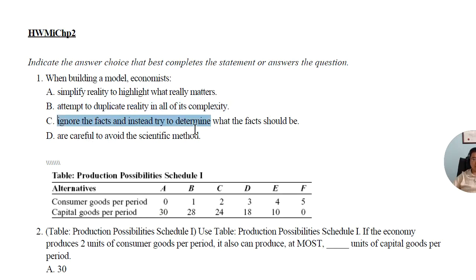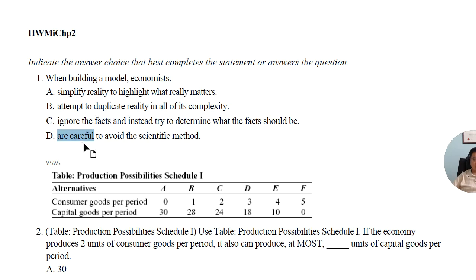Ignore the facts and instead try to determine what the facts should be. You cannot, or in our basic understanding, you cannot really determine the facts. You can only have knowledge, gather knowledge, test your knowledge about the facts. I want to go deeper into that topic.